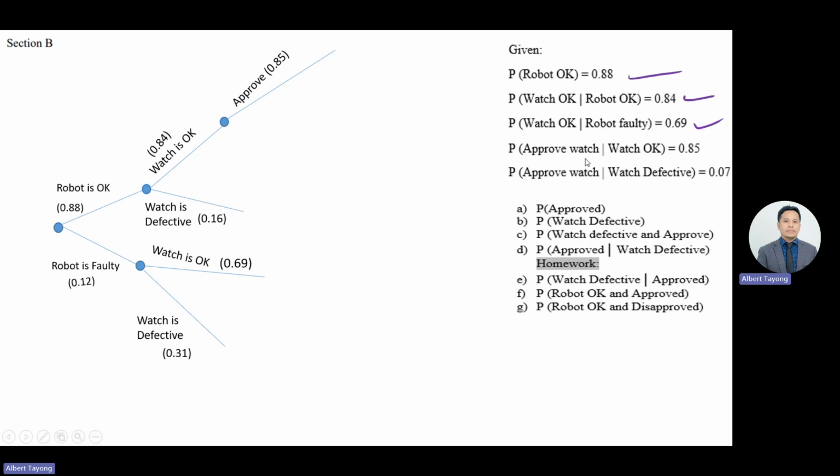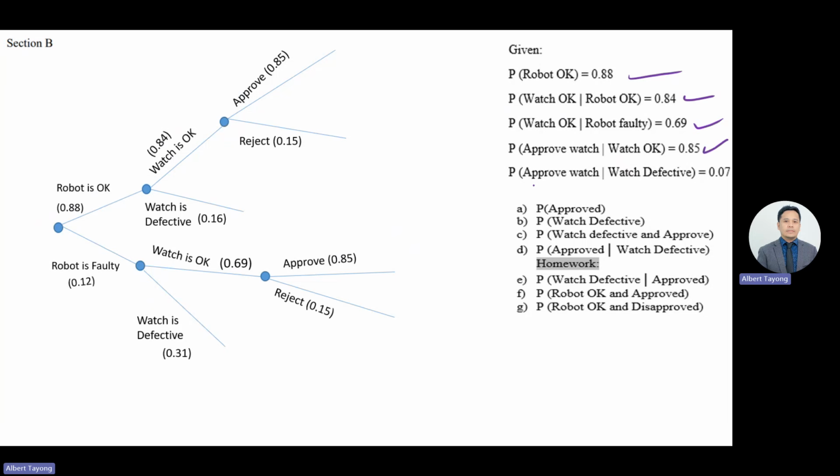We are going to approve the watch, given that the watch is okay, it's high. And the opposite is reject or disapprove, 0.15. These branches we have to copy here below because it's given that watch is okay. So the same values, 0.85 and 0.15.